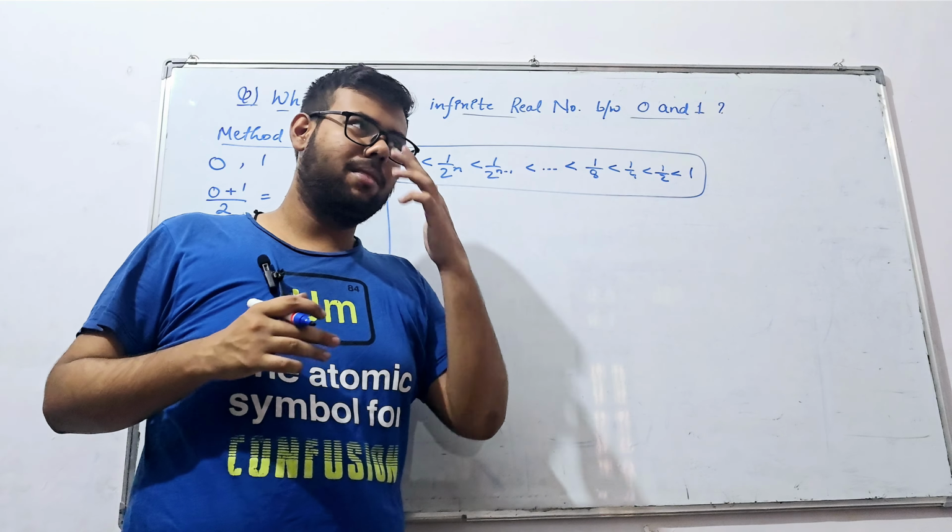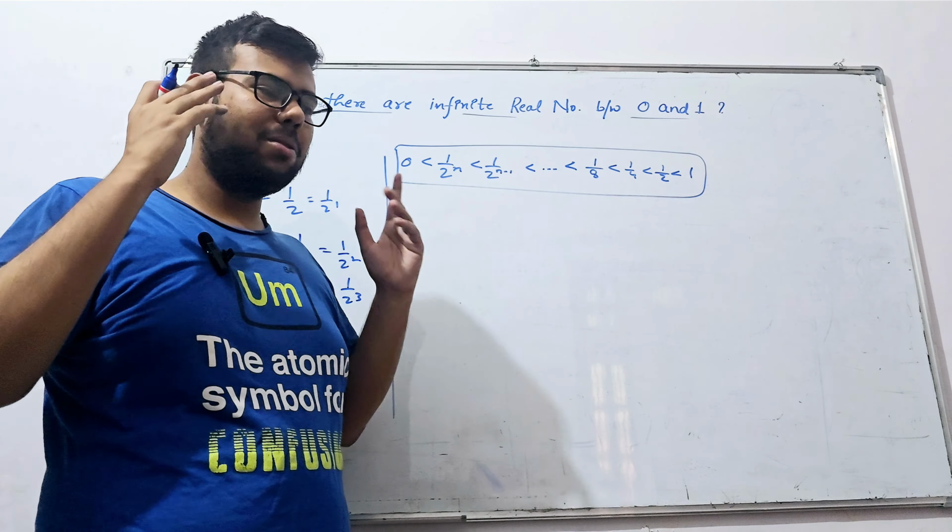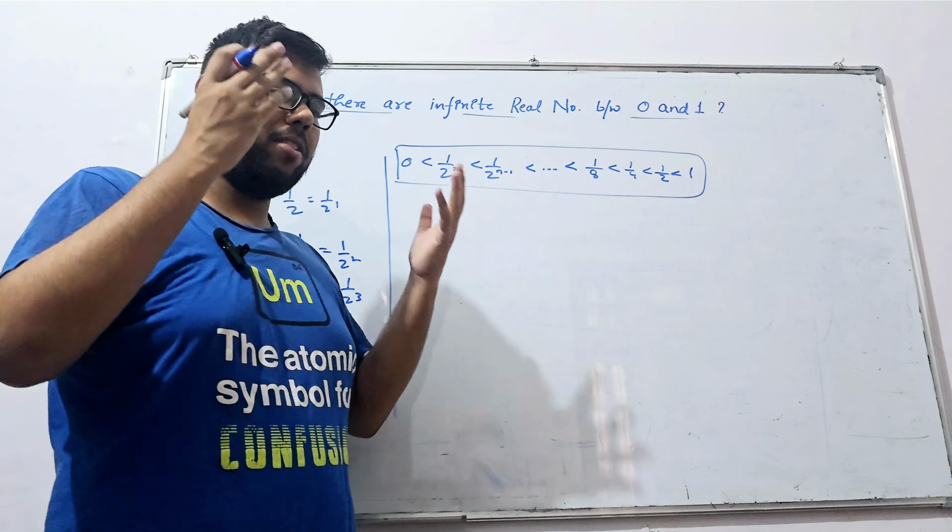How? That's a question to understand properly, to imagine properly. To some extent it is acceptable, but not always. Let's see. Suppose I ask how many numbers are between 1 and 5? You will say 2, 3, 4. So we know all the numbers between 1 and 5.